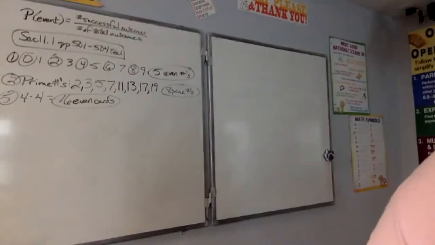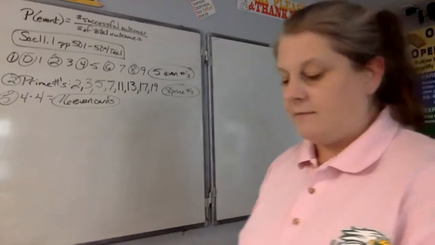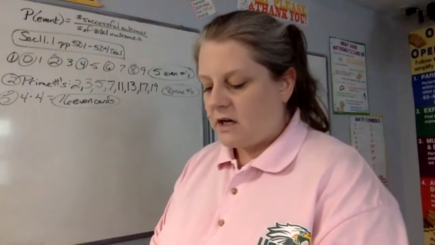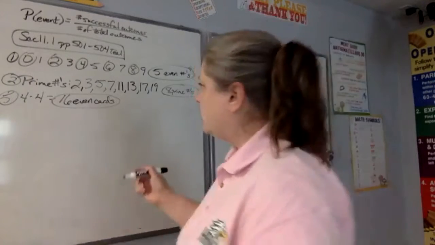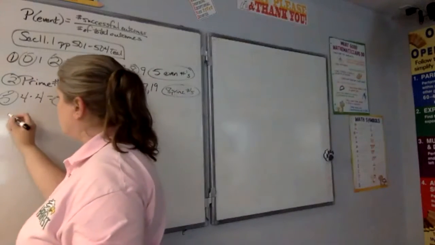So for number 9, it said Gerald hit the fairway 243 times out of the 312 times he hit off the tee. What is the probability of Gerald hitting the fairway off the tee? So how many times did he hit it? 243.